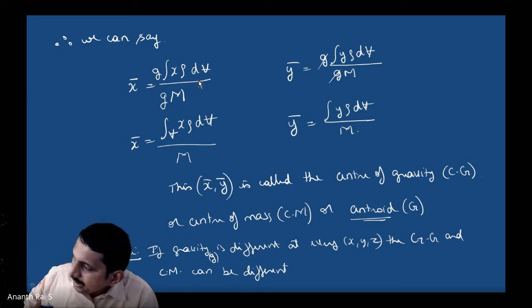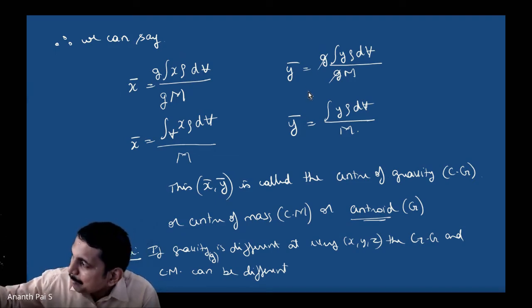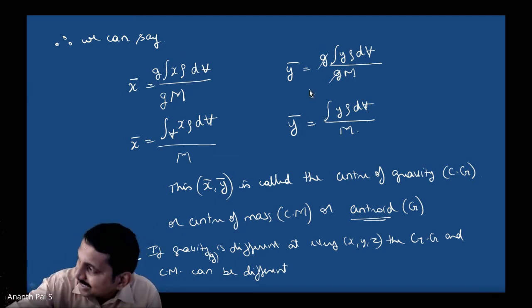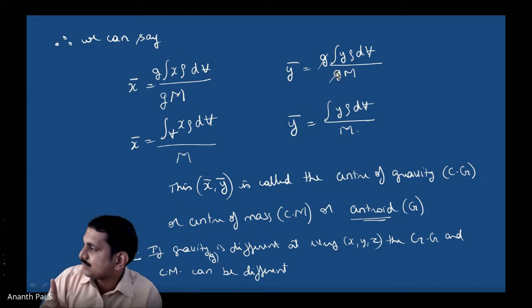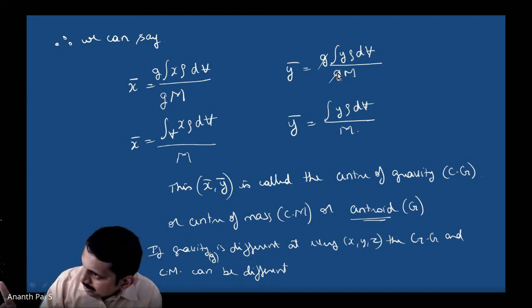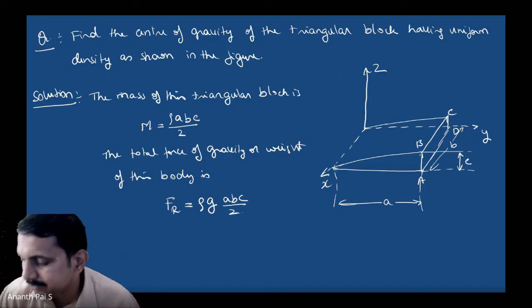I'll repeat again. This causes moment about Y axis, whereas this causes moment about X axis. Because Y bar is the perpendicular distance from the X axis. So Y bar into Gm causes moment about X axis. Understood? Is that clear, everybody? Students? Yes, sir. So that is very, very important that we understand that.